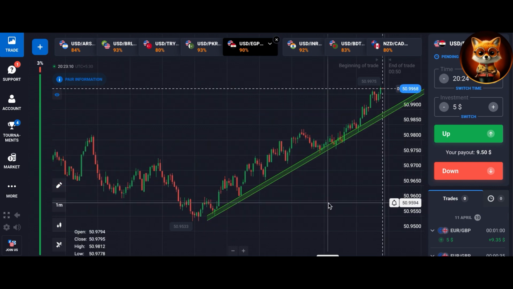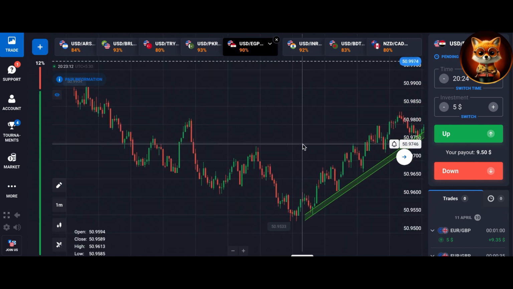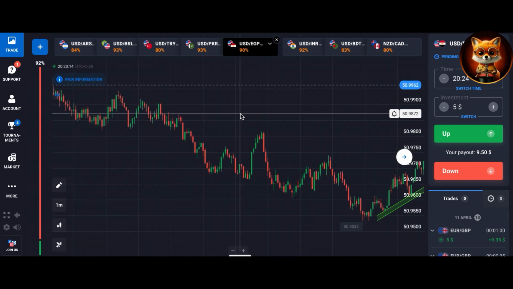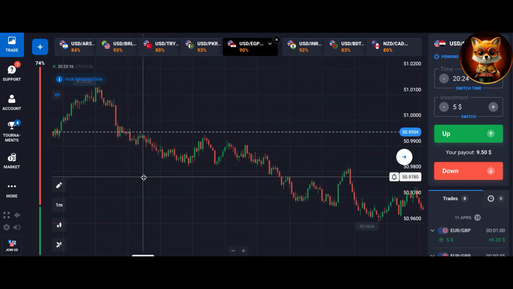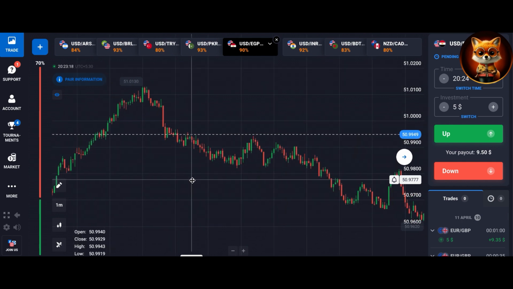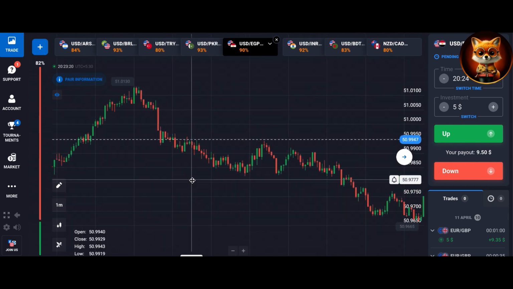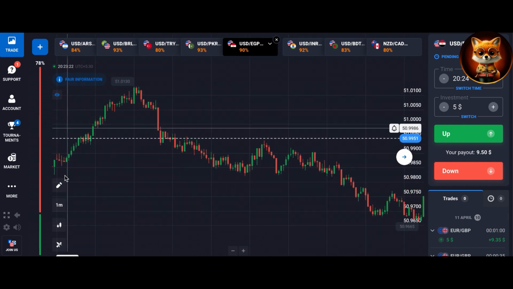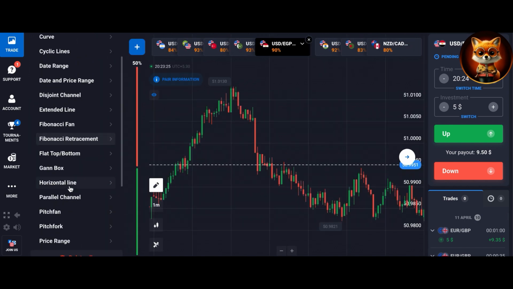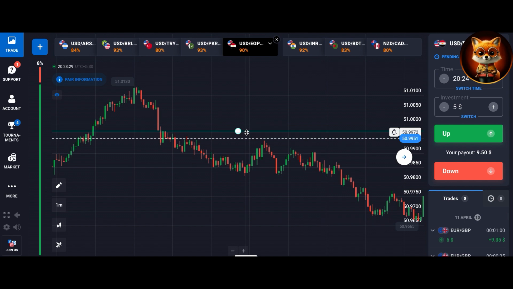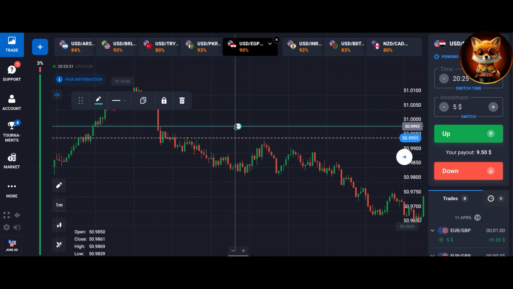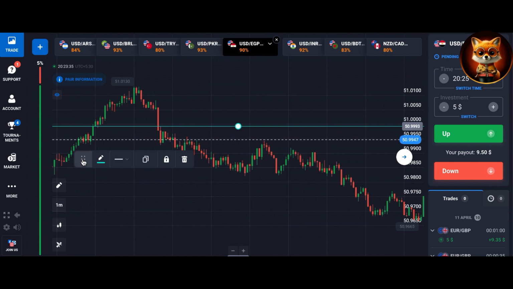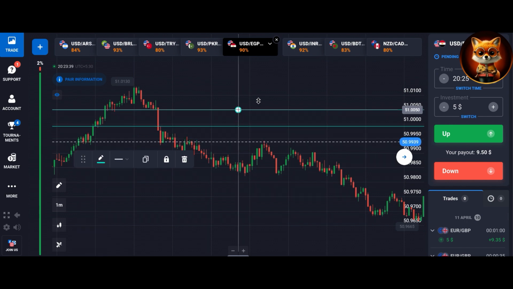Okay, so now let's scroll to the previous and let's see what is behind this. Okay, so if we go and draw the horizontal line, mark it exactly here and then copy this to mark another region like this.